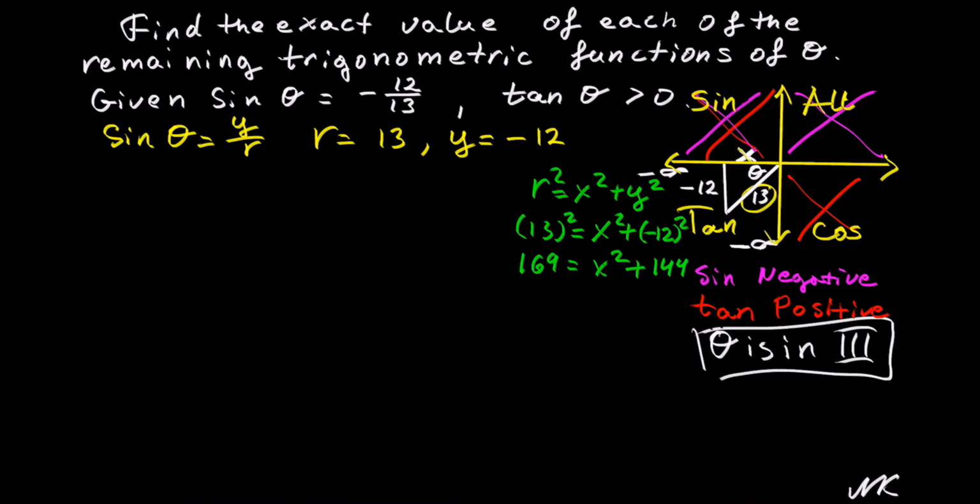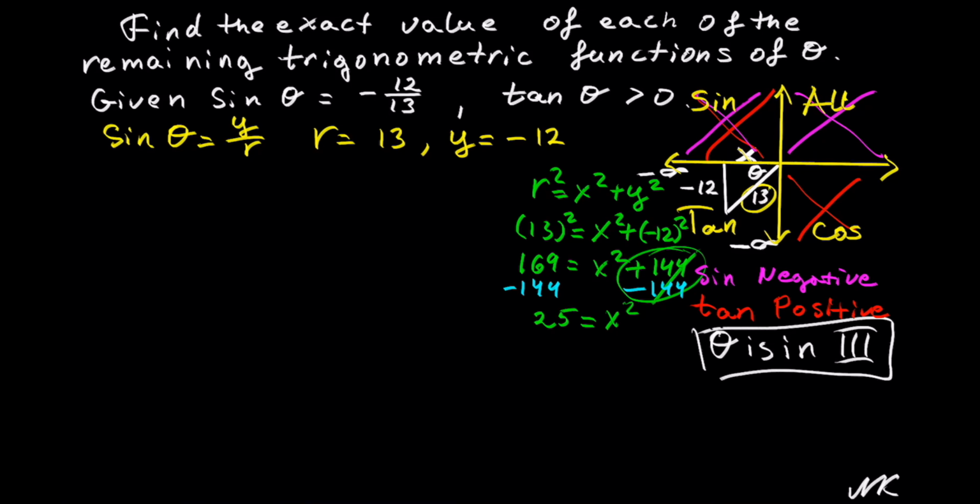In order to solve for x squared, we need to do the inverse of adding 144, so we will subtract 144. Whatever we do to one side of the equation, we have to do the same thing to the other side, so minus 144. 169 minus 144 is equal to 25, equals x to the second, and this adds up to 0.